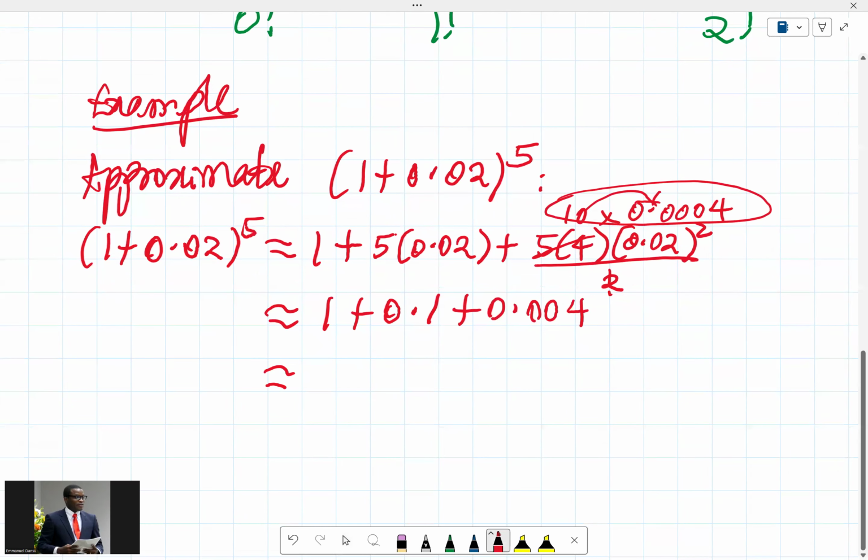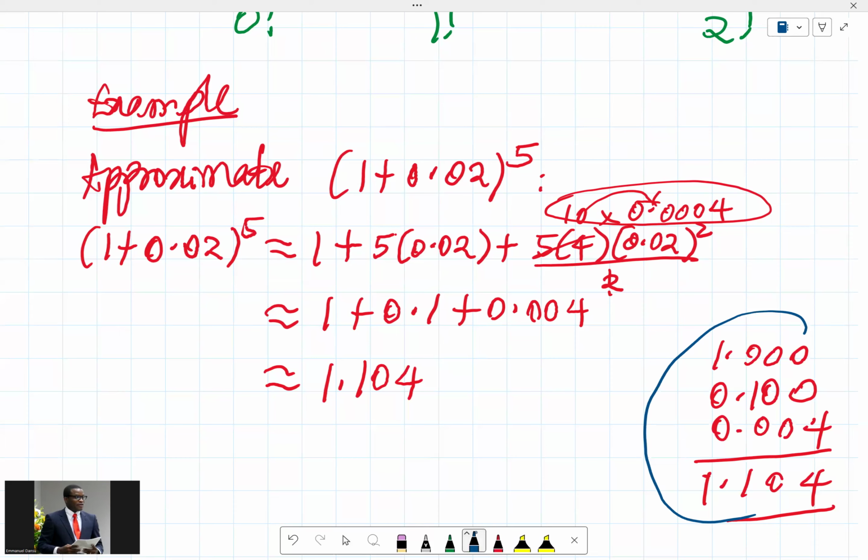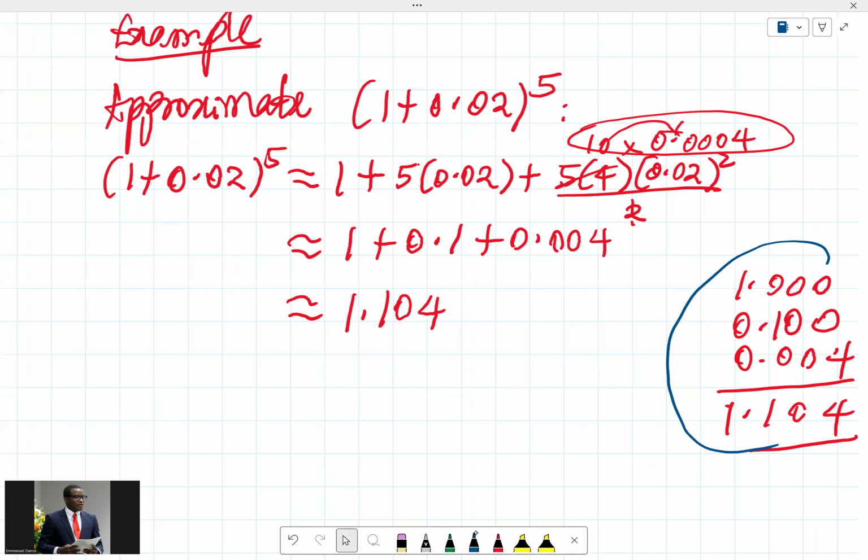So this is approximately 1 plus 0.100 plus 0.004, which is 1.104. So that is exactly what we get, and we can have that kind of approximation going on right there.